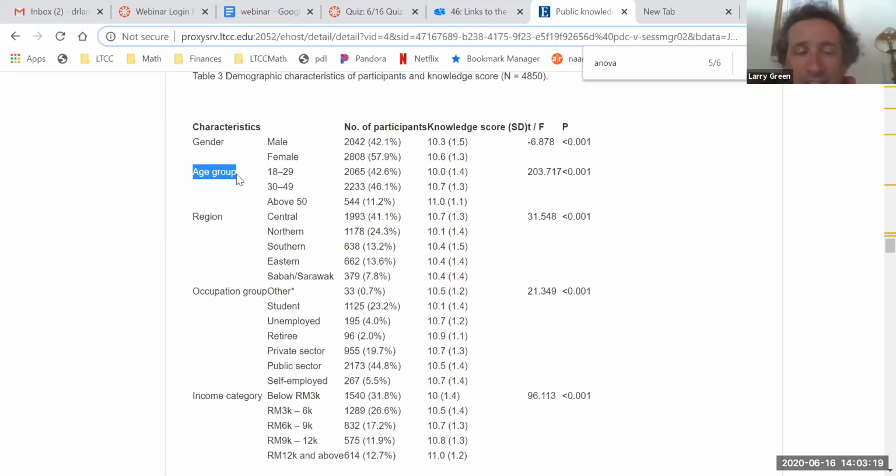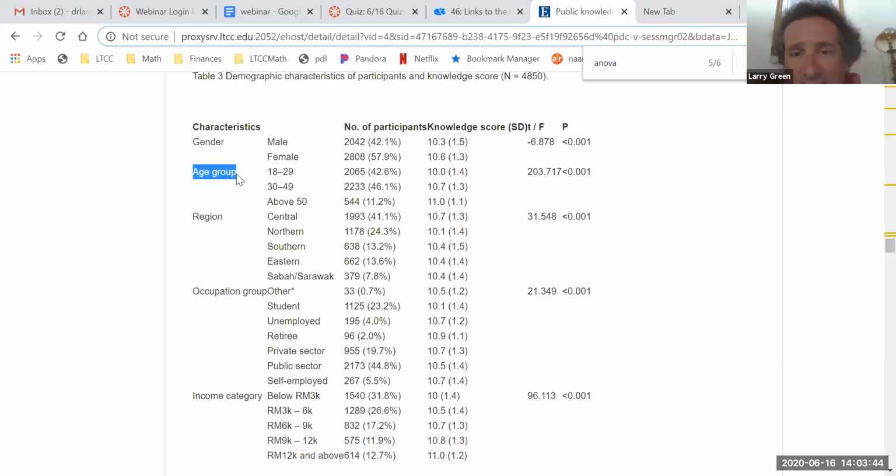Okay, you can't do a t-test for 3 different groups. T-tests are for 1 group and 2 groups, right? You could do a t-test for a single population mean. You could do a t-test for the difference between 2 population means. We can't do a t-test for 3 means. Is that clear?